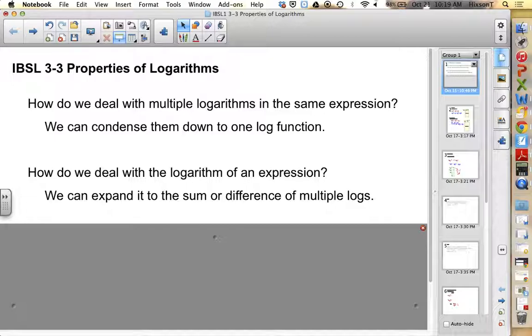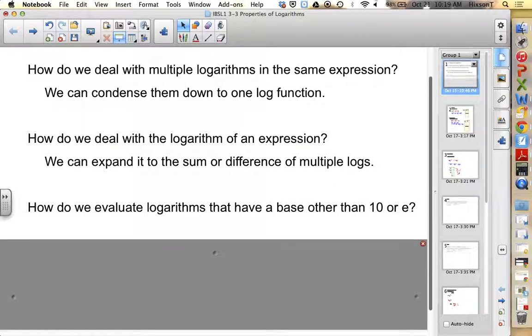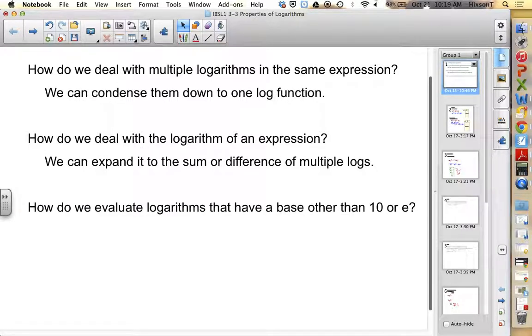And then, finally, how do we evaluate logarithms that have a base other than 10 or e? This would be particularly without an n-spire, because the n-spire asks you for a base, but those of you with the 84s and 83s, your calculator cannot do a log base 3 or a log base 7.